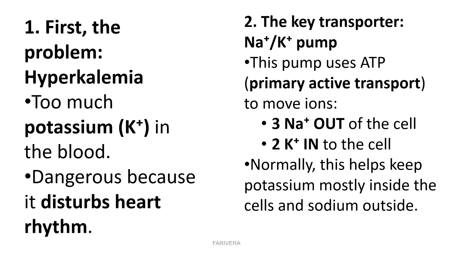This helps keep sodium concentration relatively higher outside cells and potassium concentration relatively higher inside the cell. So in hyperkalemia, one therapeutic goal may be to temporarily shift potassium from the blood into the cell.